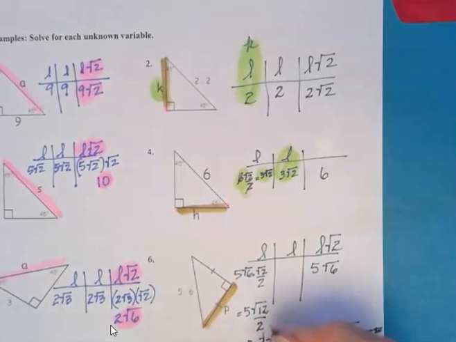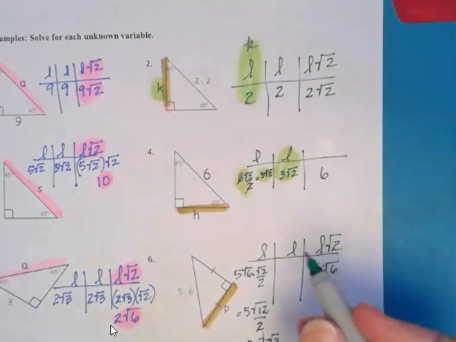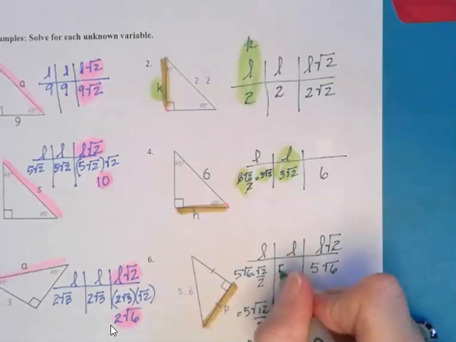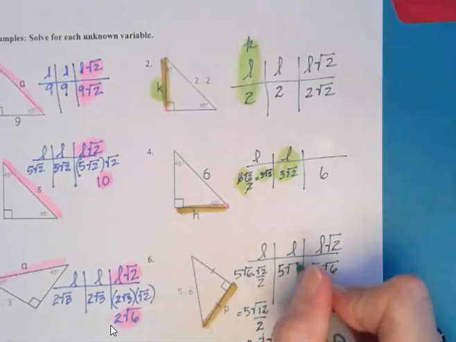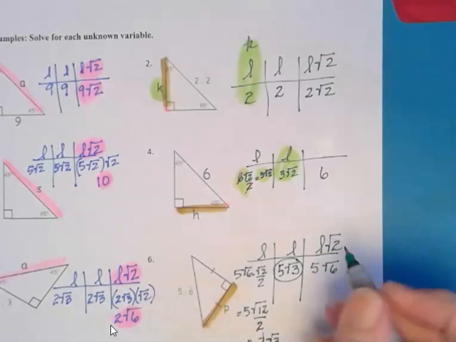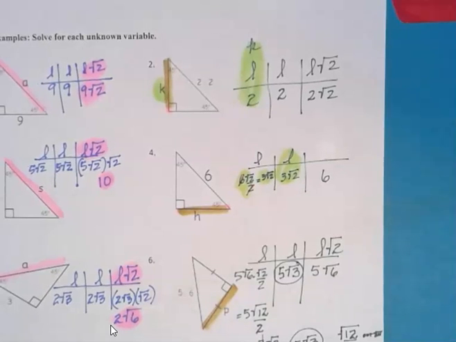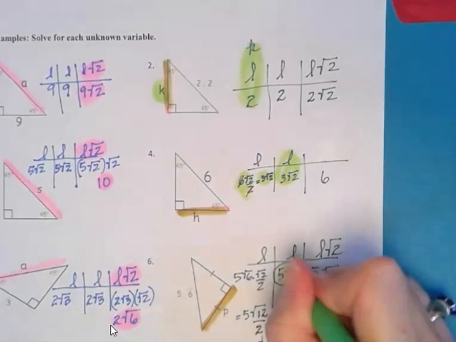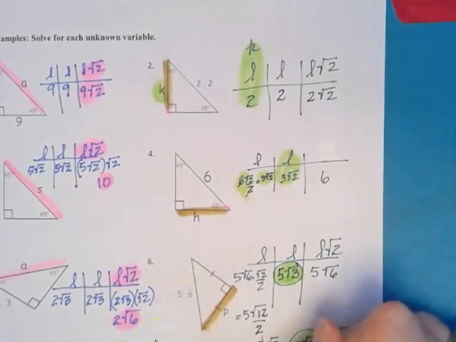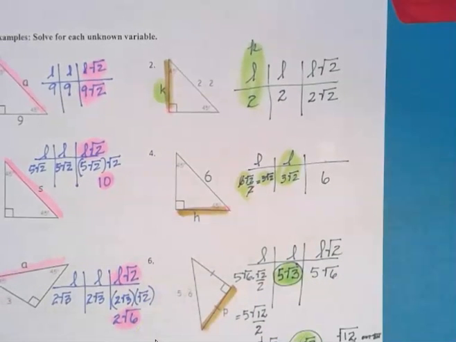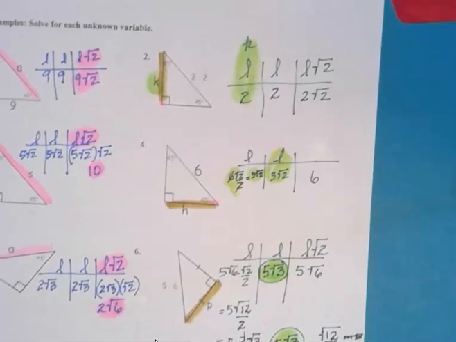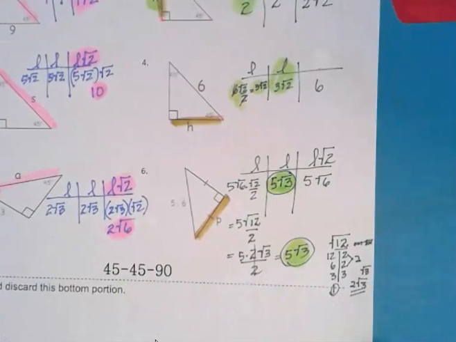These 2's cancel, and I end up with 5 square roots of 3 for this leg, and it also means this leg, when simplified, was equal to 5 square roots of 3. So go back and highlight. If you want to say this is P, this is the other leg. That's how you would do that one.